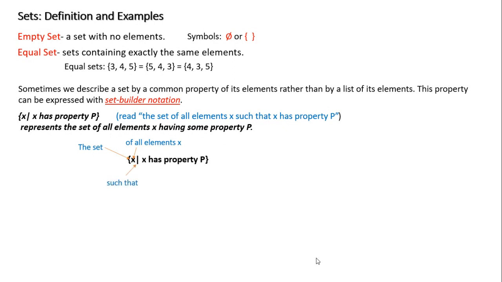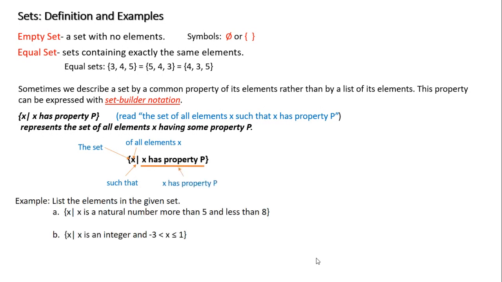This little line is called a pipe. It stands for "such that." So all the elements of X such that X has a property P. So these are what we're looking at.